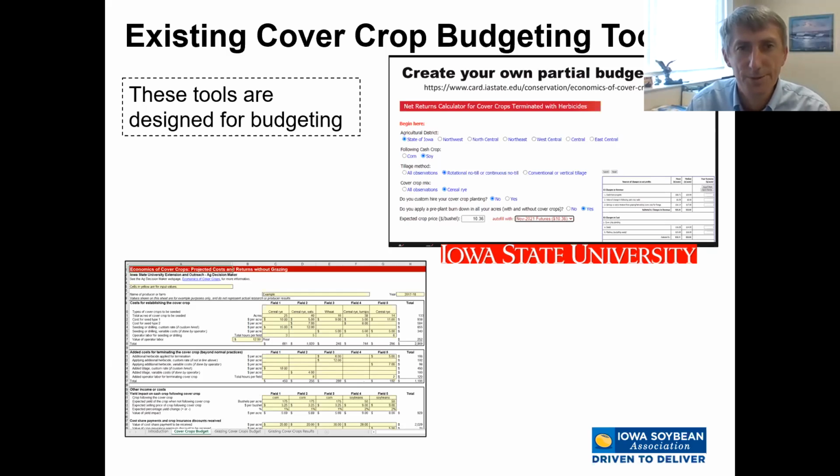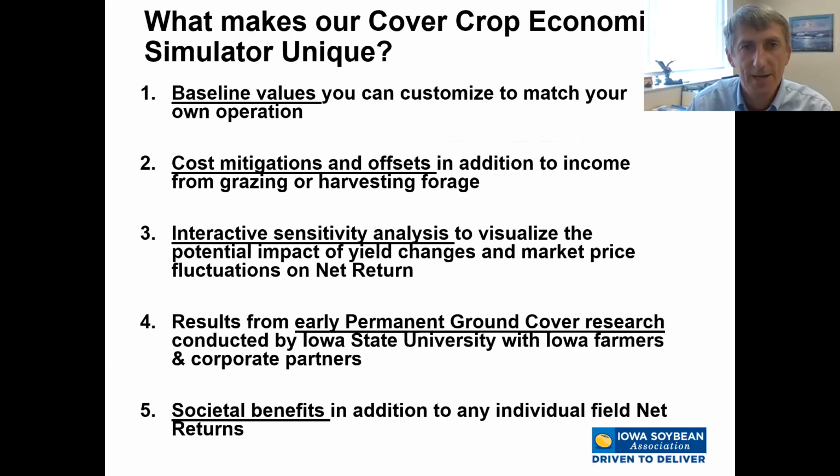The unique feature of our tool is that it's also based on a partial budget analysis, but it has 5 unique features. One, it allows wide use of baseline values, and these baseline values can be customized to different options, situations, and scenarios.